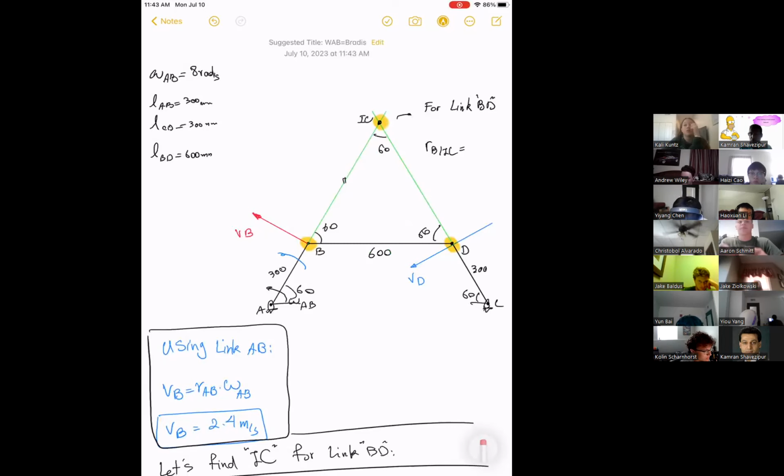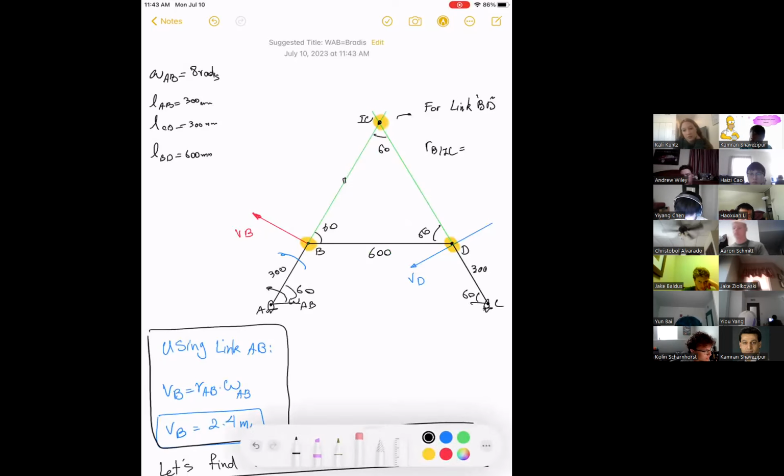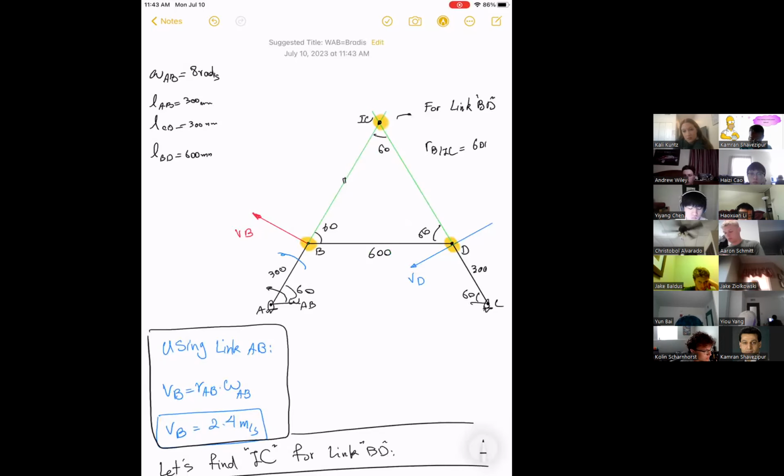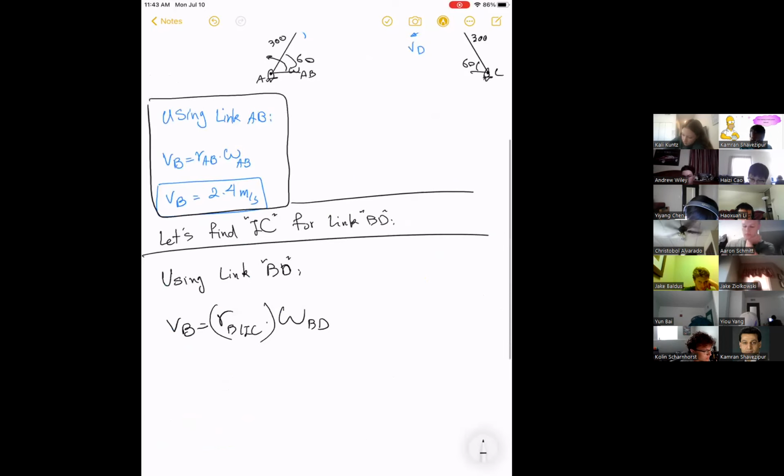What do you call this triangle? I forgot the name. Equilateral, yes. Then this is going to be 600 millimeter. Same for this one, R_BIC is 600 millimeter.